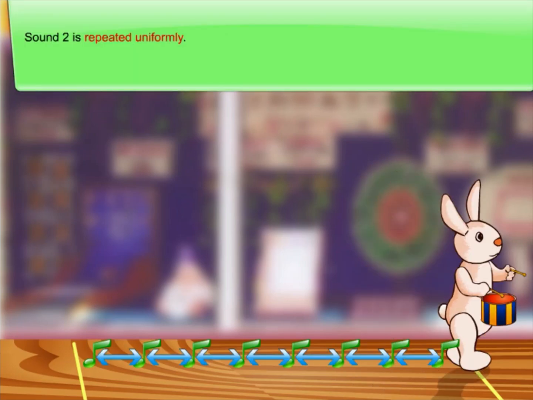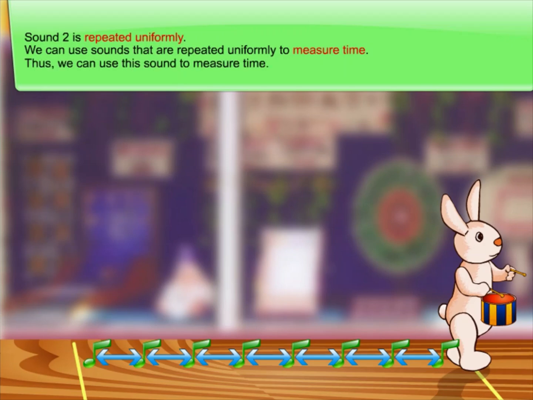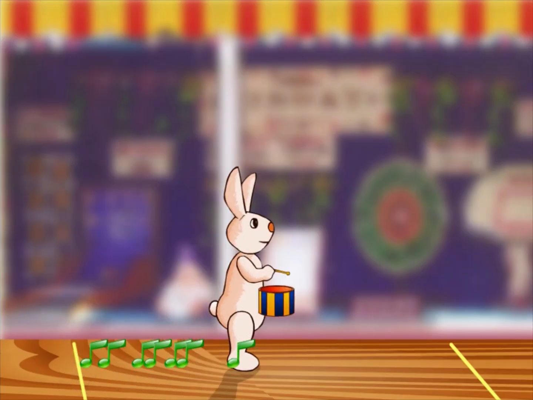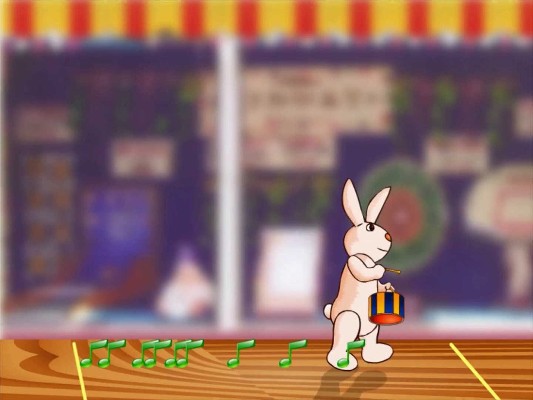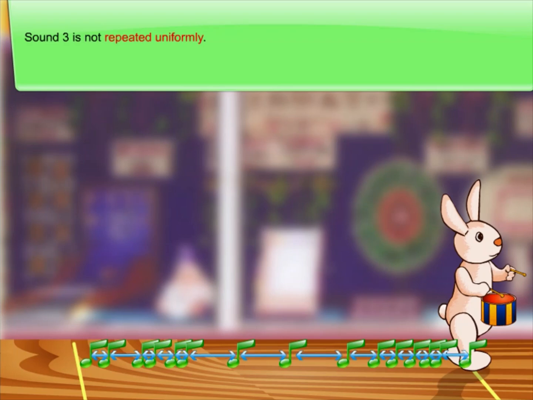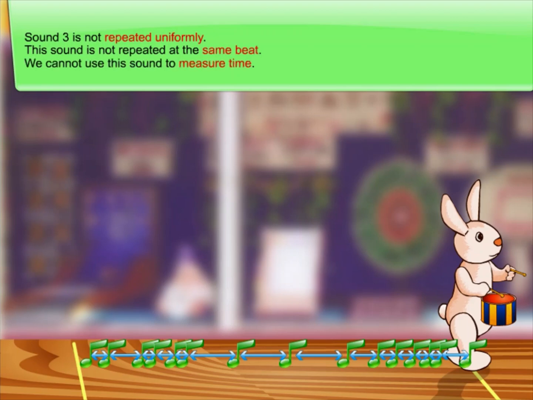Sound 2 is repeated uniformly. Thus, we can use this sound to measure time. Sound 3 is not repeated uniformly. This sound is not repeated at the same beat. We cannot use this sound to measure time.